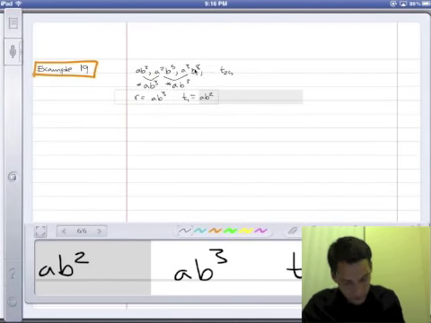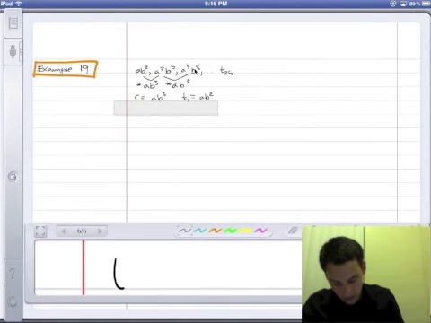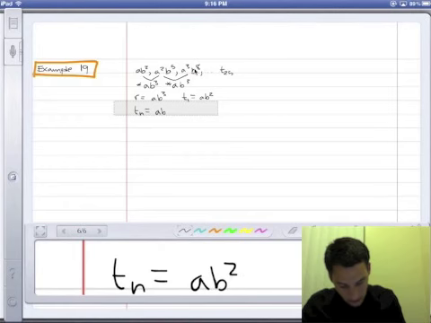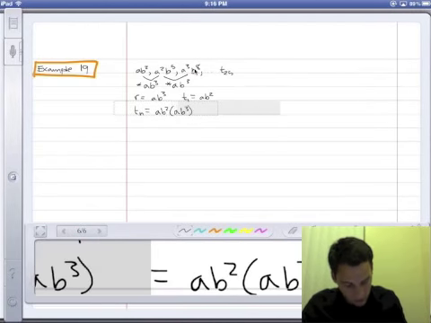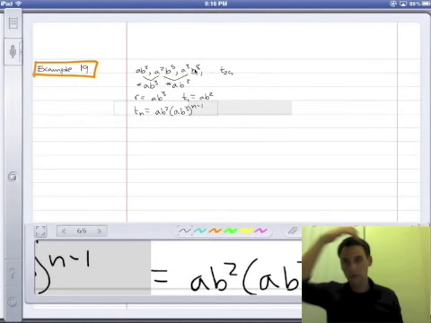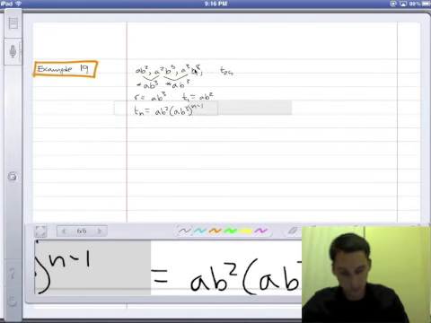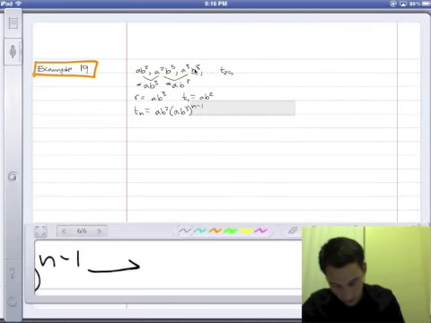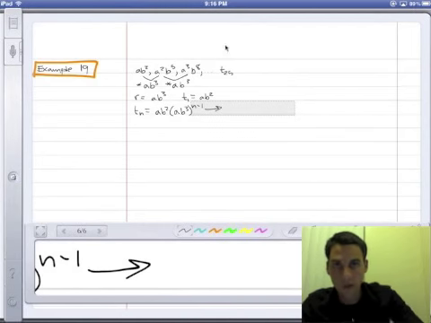A b squared. So my formula then is T sub n equals a b squared times R, which is a b cubed, to the n minus 1. And then all we gotta do is plug in with 25, because we want to find the 25th term.